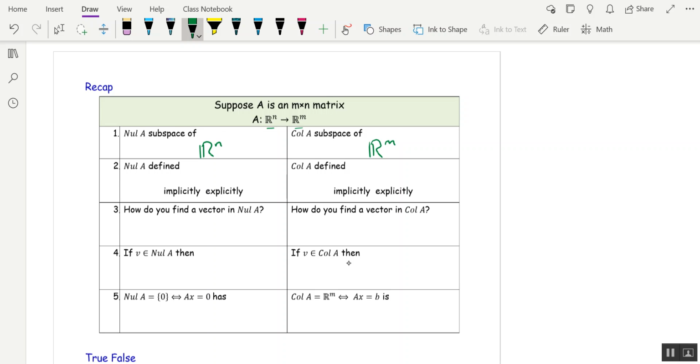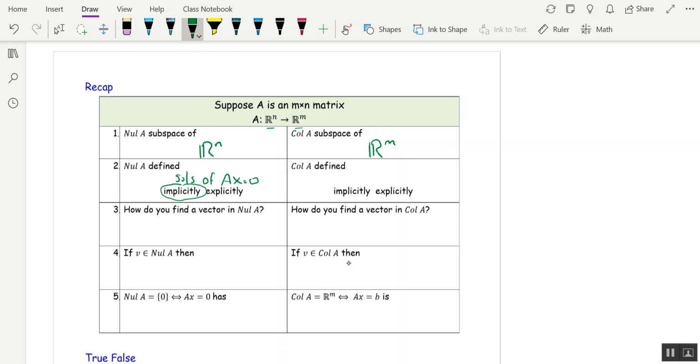Null A is defined, my choices are implicit or explicit. Implicit because it's solutions of Ax equals 0. That's a description, but it's not saying these are the solutions. It's telling me how to find the vectors. I have to solve Ax equals 0, but that doesn't explicitly state what the solutions are.